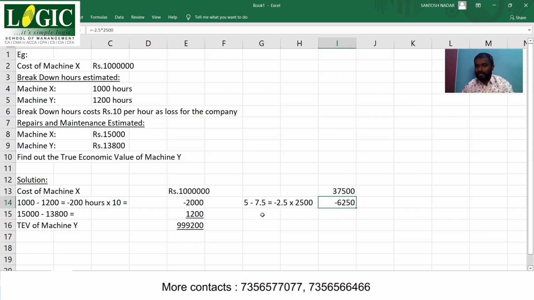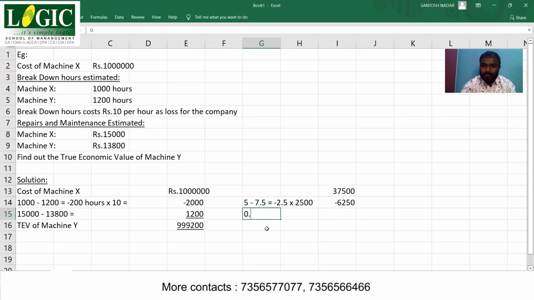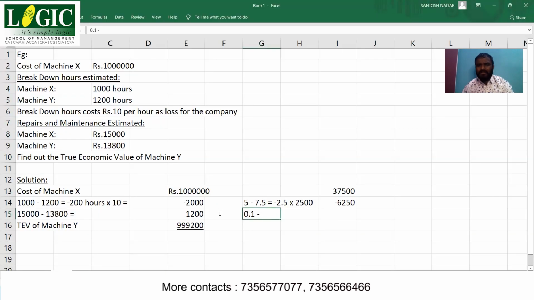That is the logic behind it. Now what is the next one? The chance of breakdown is 10%, which I can write as 0.1 as well, minus the chance of breakdown of my product, which is 0.5%. So there is a lesser chance of my product crashing. Crash means breakdown.